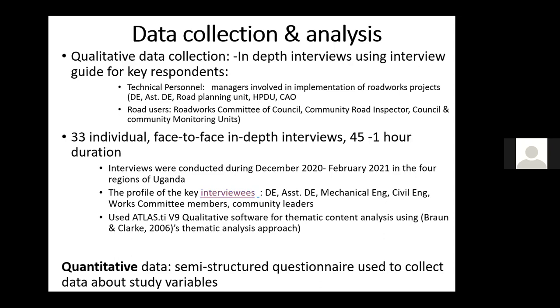We had several respondents. We are showing their position, the education qualification, the category of the respondent, whether it was technical personnel or road user, the experience in handling the community access roadworks projects, and their overall experience, since sometimes they rotate them from one district to the other.